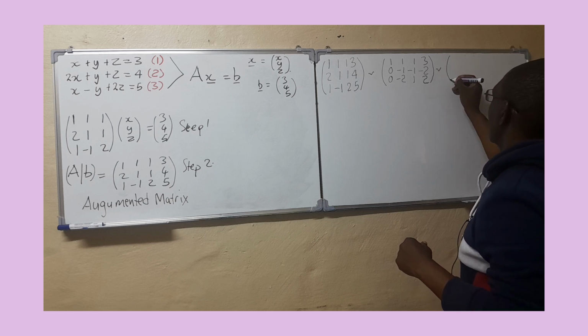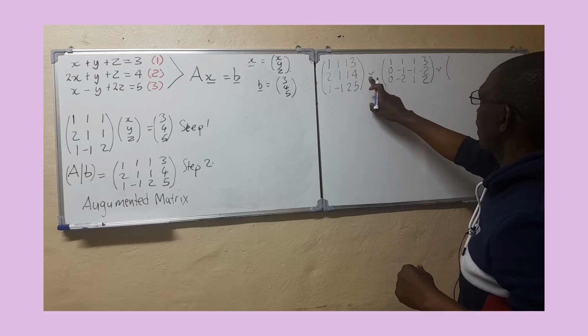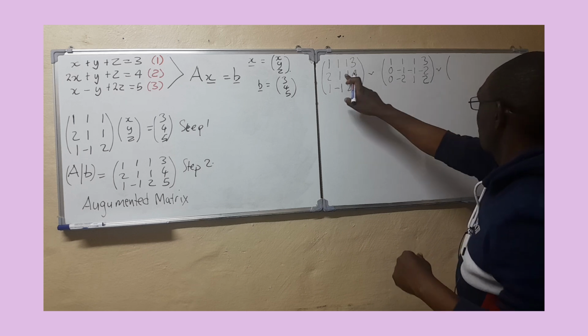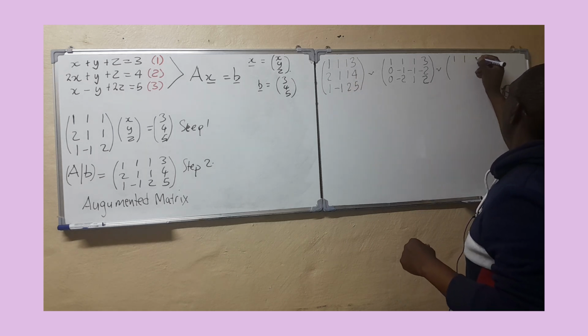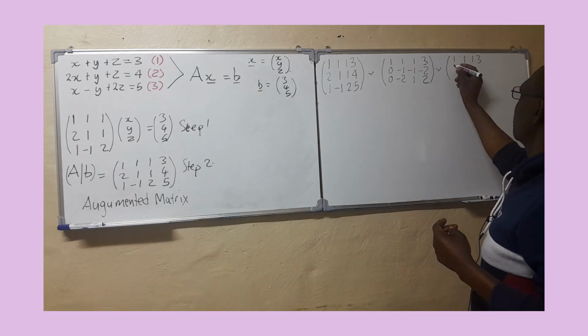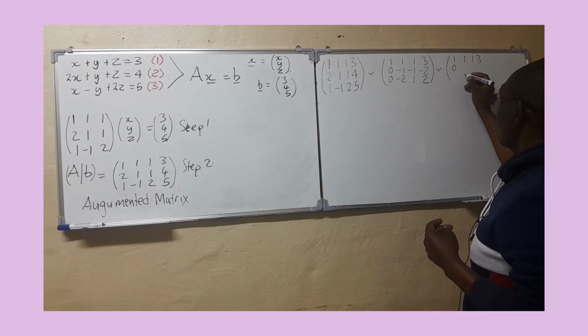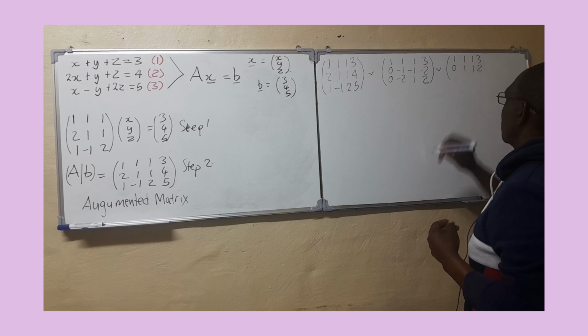Remember I'm not putting equal signs here. I could have put an arrow or something because this is not equal to that. So we can write 1, 1, 1, 3 for row 1. Now we are multiplying row 2 by -1, so that becomes a 1, that becomes a 1, that becomes a 2.